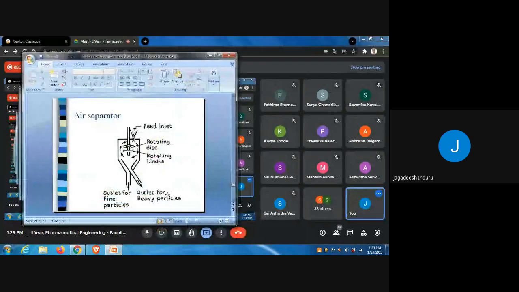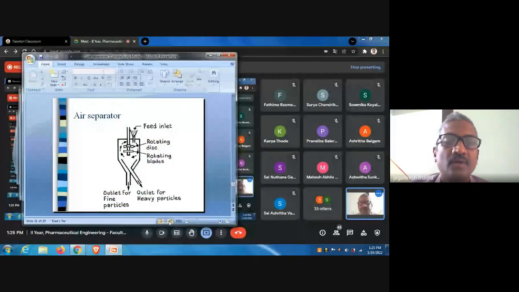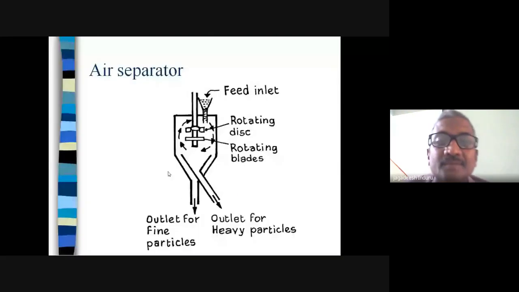So in this particular case, you have the feed inlet at the top.